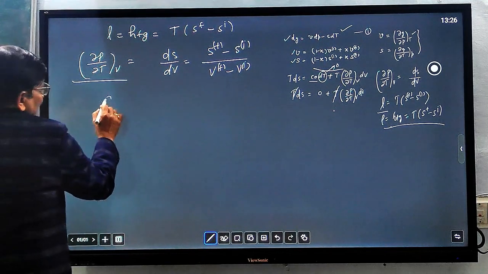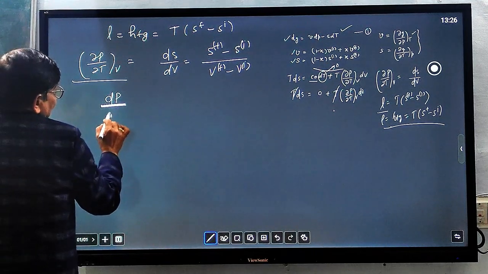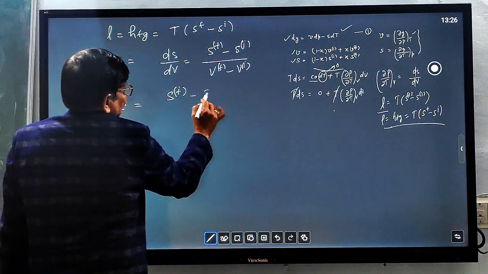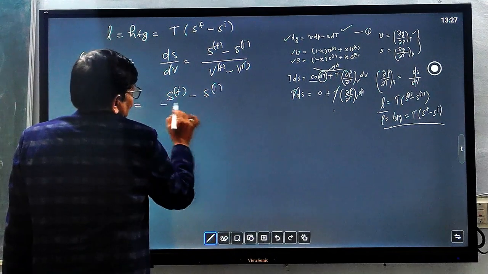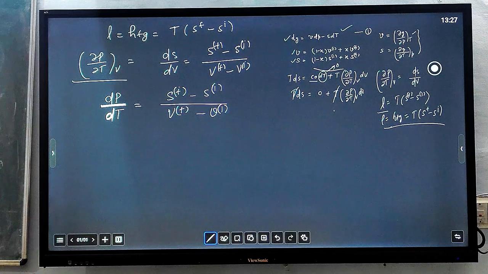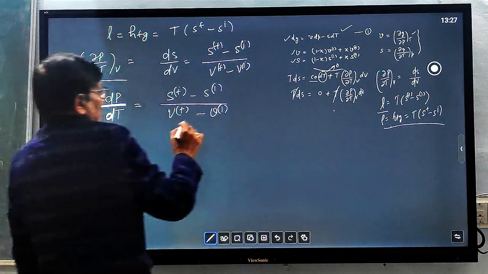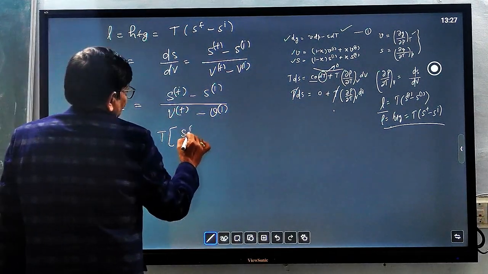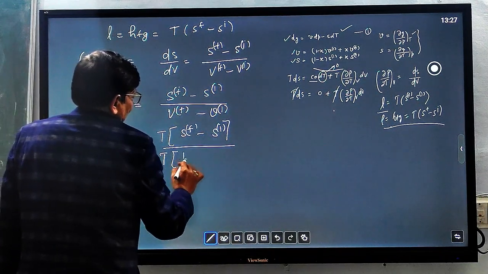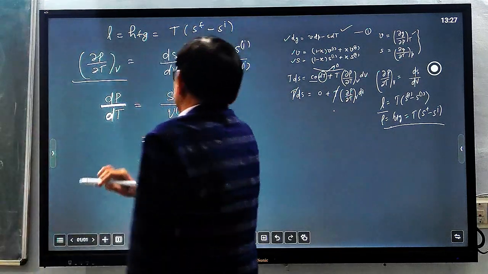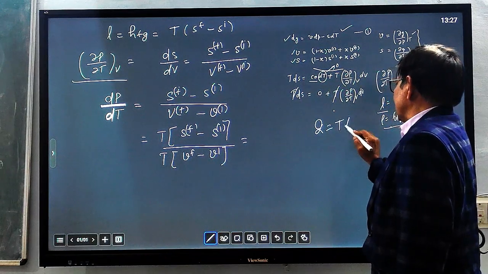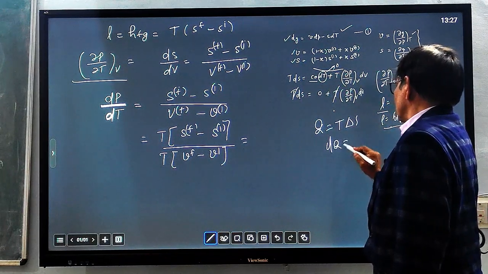we can simply replace it and write dP by dT equal to SF minus SI, final entropy minus initial entropy, upon Vf minus Vi. Multiplying the right side of the whole equation by temperature T, we can write T(SF minus SI) upon T(Vf minus Vi). But we know that Q equals T delta S, or dq equals TdS.